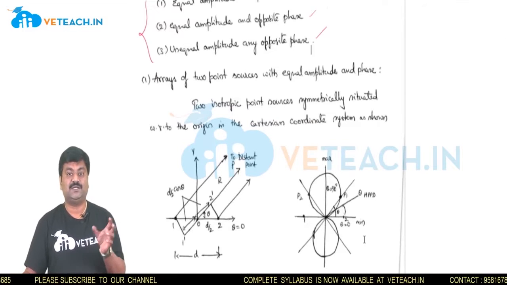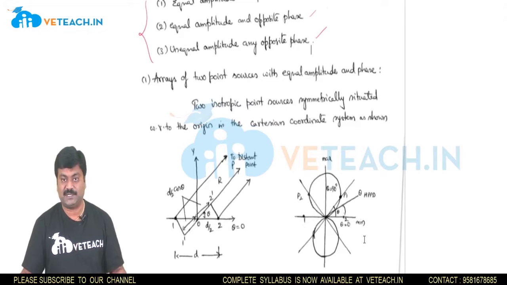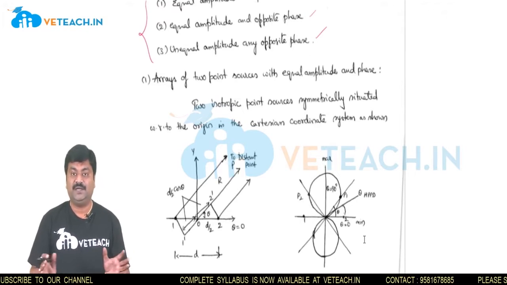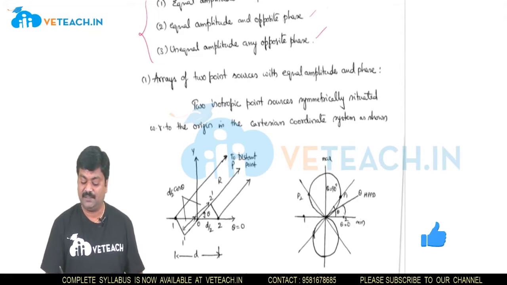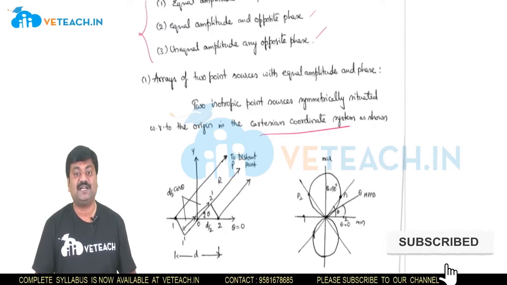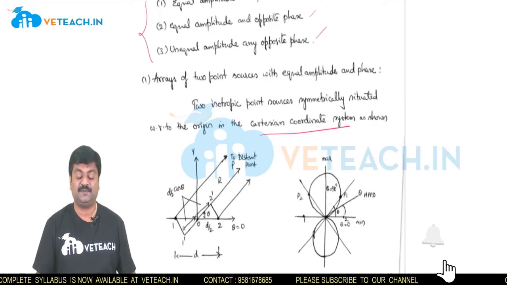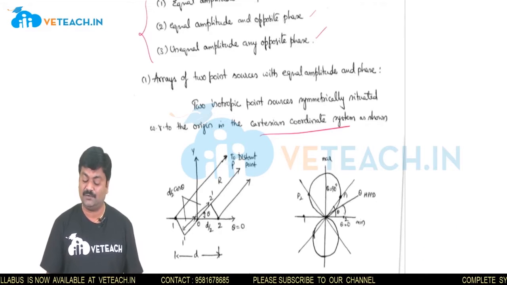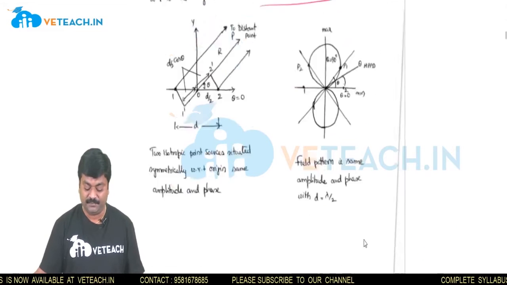Here, two isotropic sources are taken and they are placed a distance apart in a Cartesian coordinate system, at equal distances. Remember that they are placed at equal distances from the origin of the Cartesian coordinate.